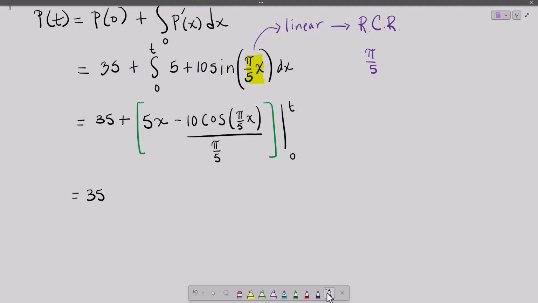The first step is pretty easy because we're just taking all the x's and turning them into t. So we're taking the antiderivative, plugging in t, plugging in 0, and then subtracting. Plugging in t is pretty easy. So we get 5t minus, let's do this math. When you divide by a fraction, isn't that the same as multiplying by the reciprocal? Yeah. So that's going to be 50 over pi. So minus 50 over pi.